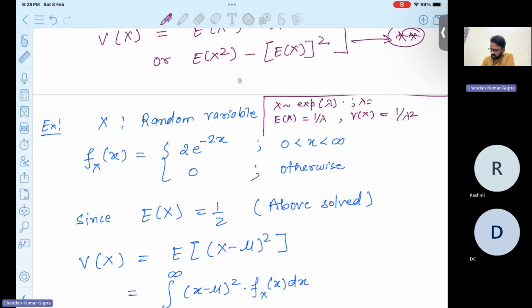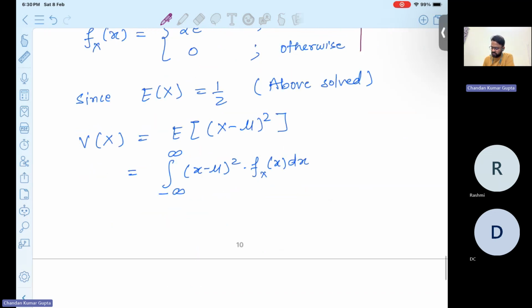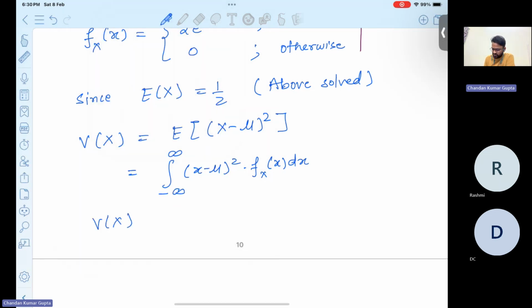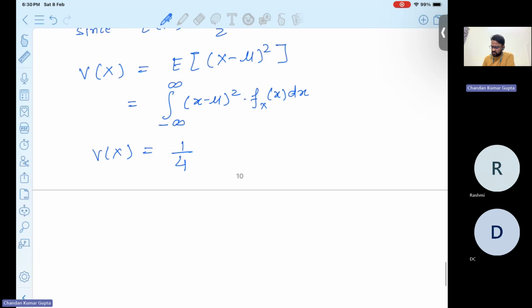Here lambda equal to 2 is given, because the PDF is lambda e to the power minus lambda x, and we have taken the value of lambda as 2. So the mean is 1 by lambda, which is 1/2, and variance is 1 by lambda square, which after solution comes out to be 1/4, a finite quantity.